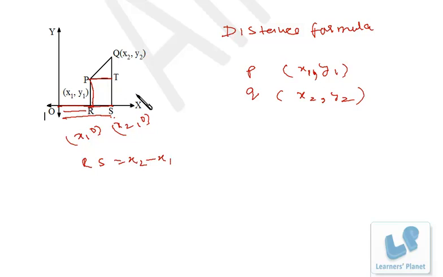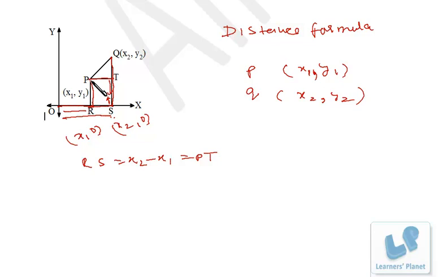Now RS is equal to PT. Okay. So the length of PT, or the distance between P and T, will also be x2 minus x1. Similarly, we find out QT. Now this point Q, its y coordinate is what? y2. That means this length is y2 and here this length is y1 because the coordinate of P is what?